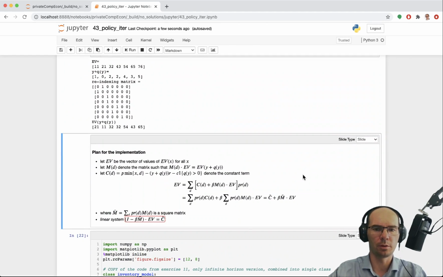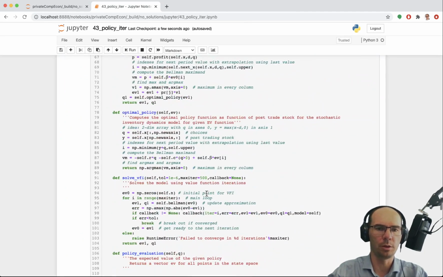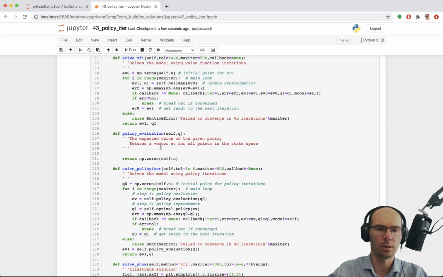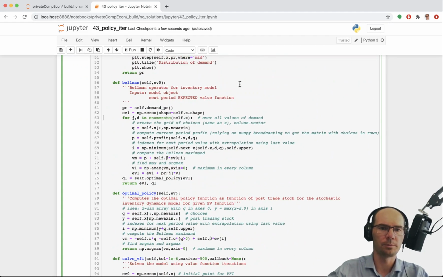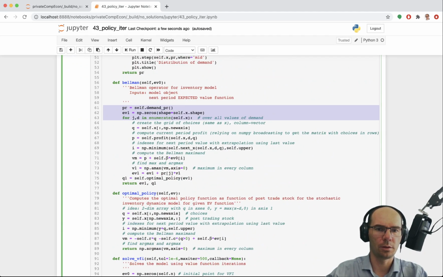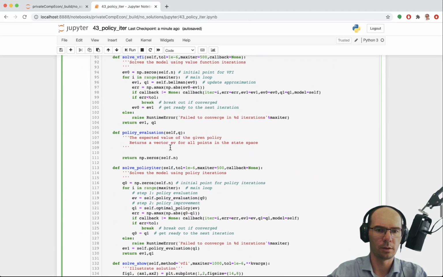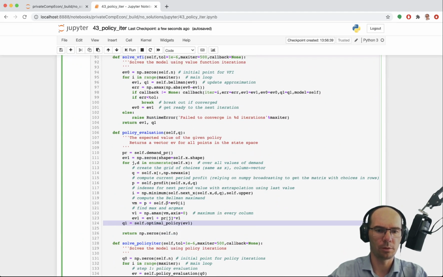The simpler object is C bar. Oh, and we have to do it for all possible values of demand. So we need a loop over all possible demands, and this is similar to what we did in the Bellman equation here. So let me copy this structure. Maybe copied too much.